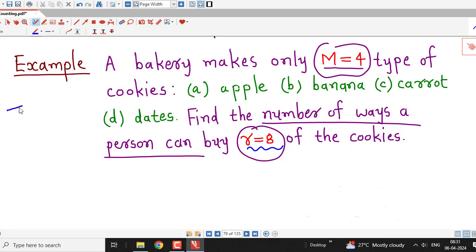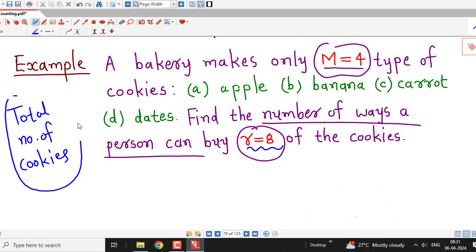Here we are not given the total number of cookies. That is a different thing here. We are not given how many cookies are there in the bakery, but we assume that the bakery is having enough number of cookies so that a person can buy r equal to 8 of the cookies. But what is given?